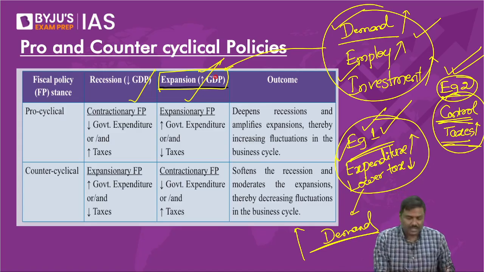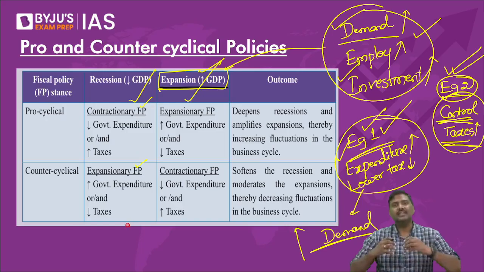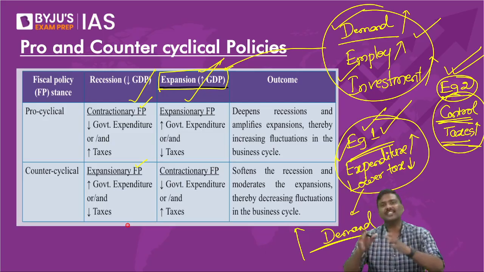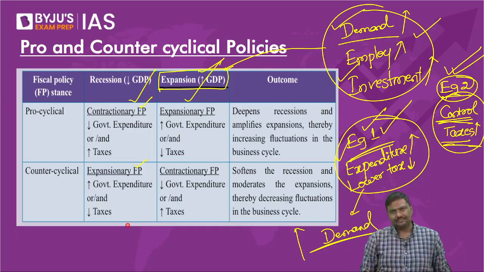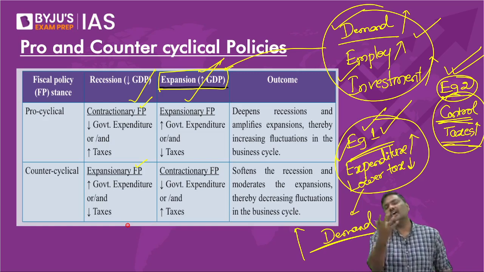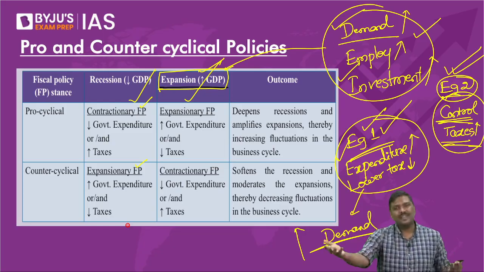And there are two terms here, fiscal policy and expansionary, contractionary. Fiscal policy means government taxes and expenditure. For example, government will announce a budget. What do you think government will do in the budget? Announce expenditure, announce taxation.